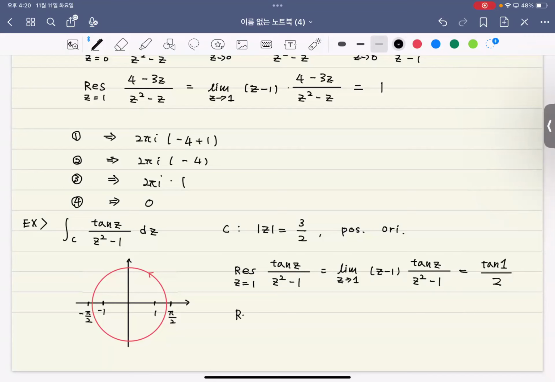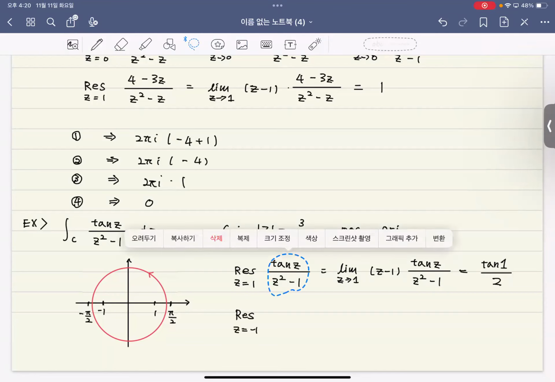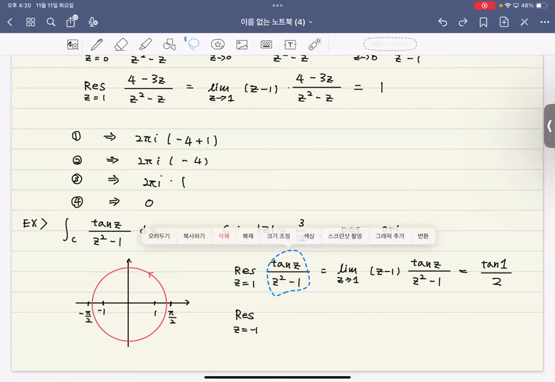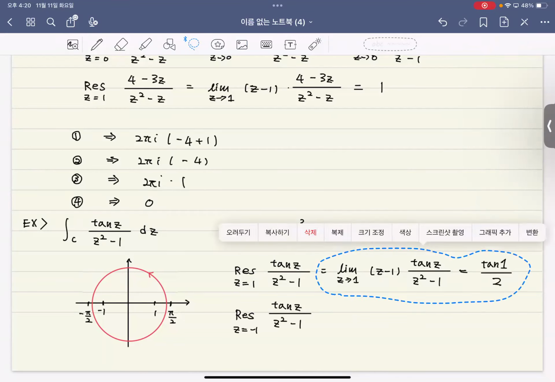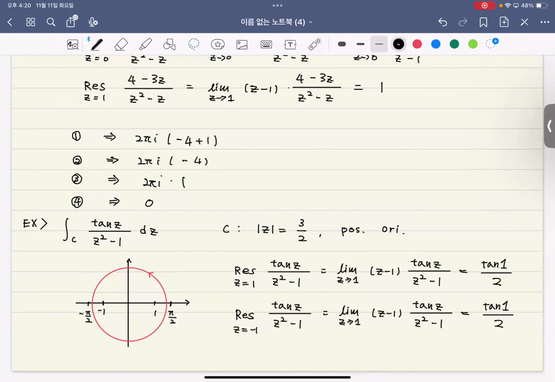And for the other singularity, this is minus 1, so this is plus 1. Okay, but since we're plugging in z equals minus 1, minus. Oh, so they have the same residues, right?